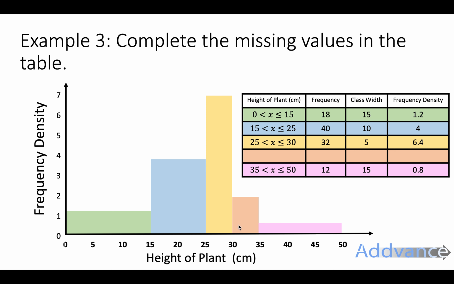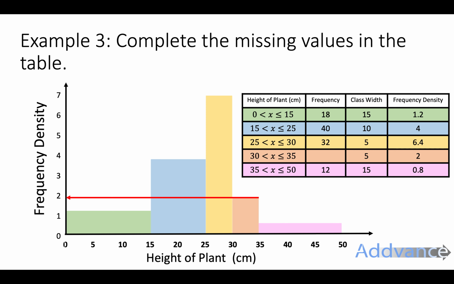This orange bar has a frequency density of 2. So over here we can put a frequency density of 2. The class width, well, is going to be between 30 and 35. As you can see, the orange bar is between 30 and 35, which means the class width is 5.